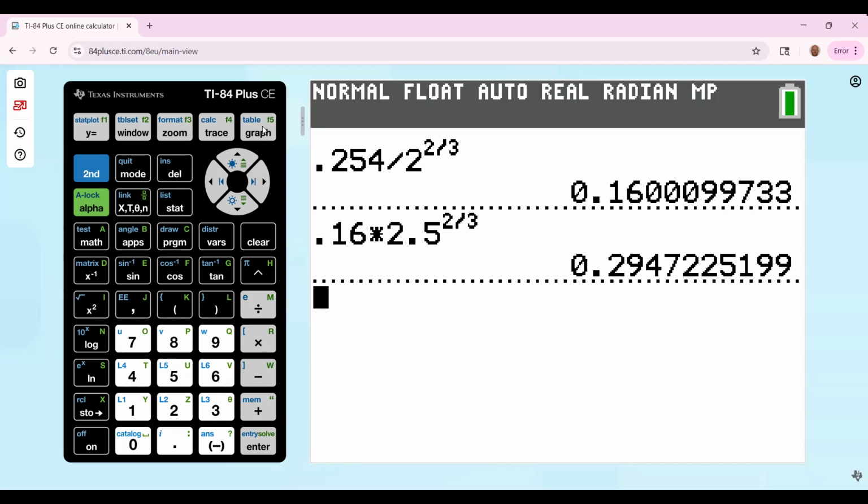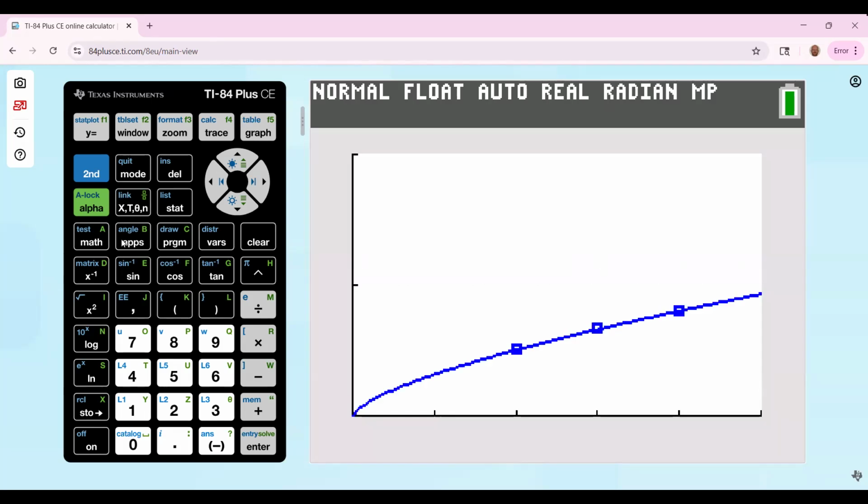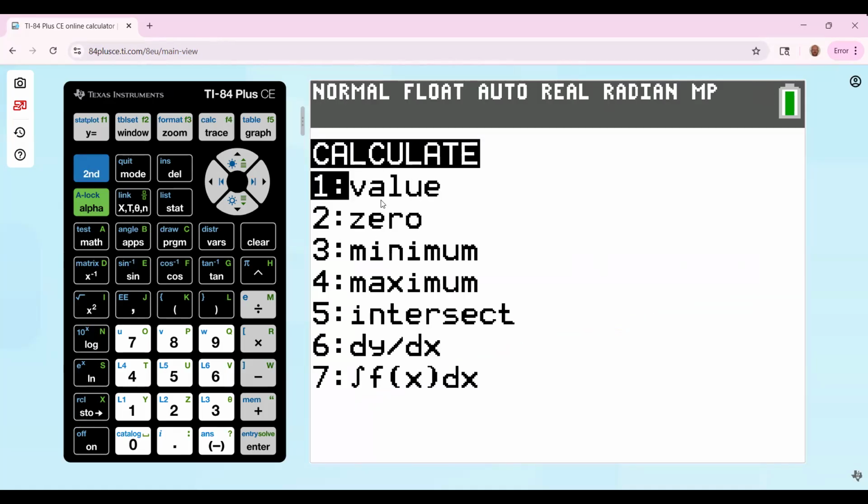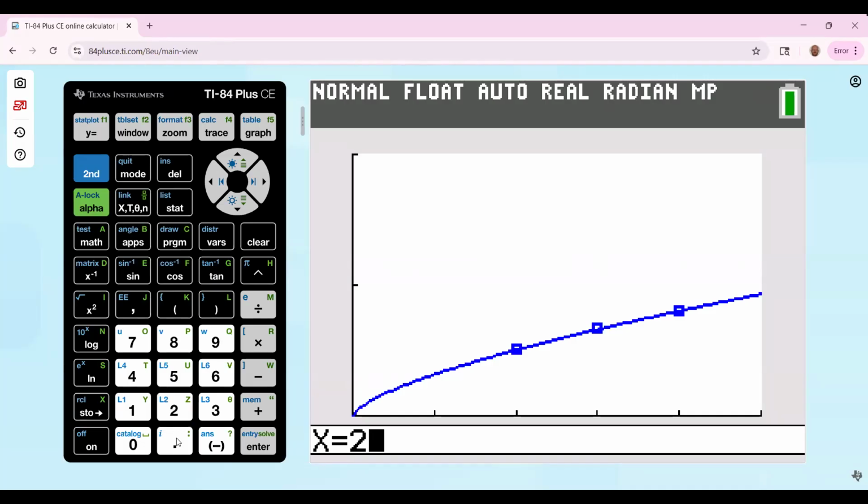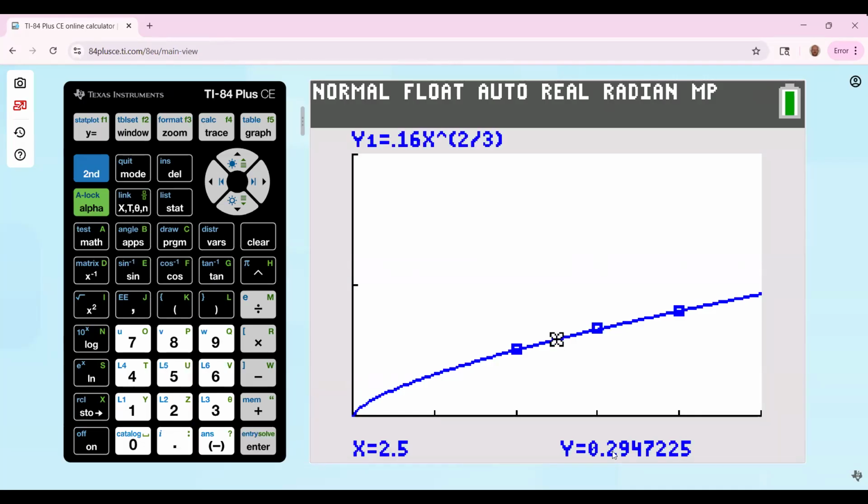Now let's go over to our graph and do a second calc. We want to find the value when x is 2.5, and we get 0.29.